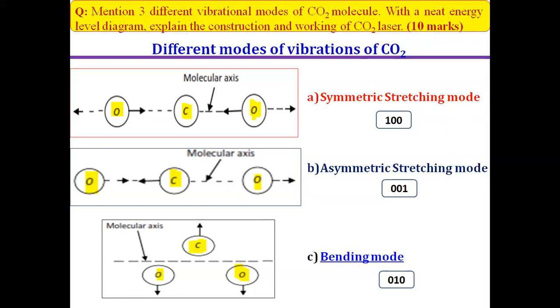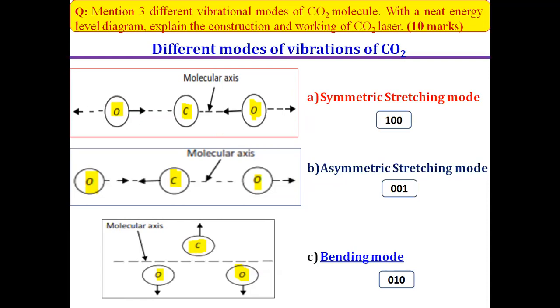Just remember 100 is the spectroscopic notation of the symmetric stretching mode. In this mode, the carbon atom stays at the center and both oxygen atoms move towards and away from the carbon, towards and away. That type of vibration corresponds to the symmetric stretching energy.